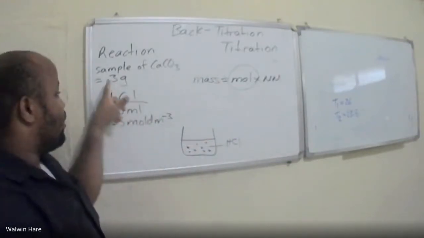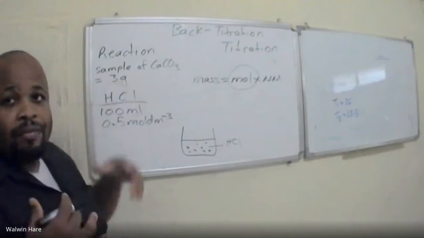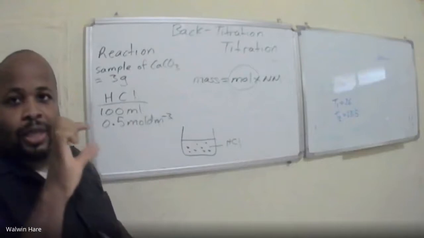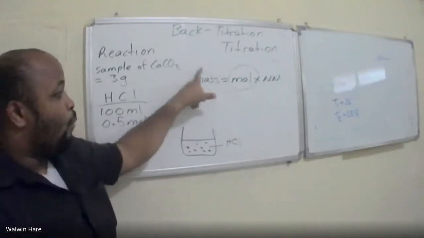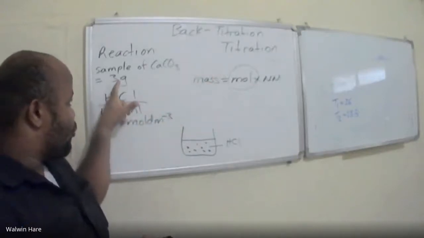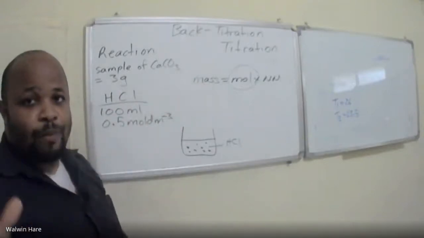So not all of the 3 grams of the calcium carbonate sample is actually just calcium carbonate. All right. So that is what we have to find out first. Of the 3 grams, what mass of it is just calcium carbonate.